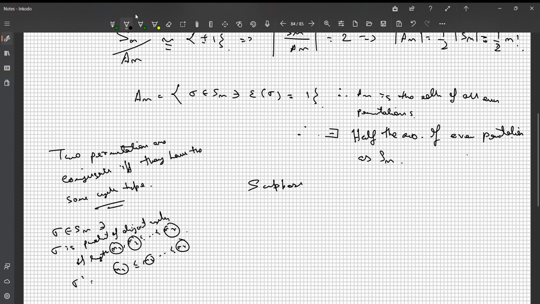Now, let us come to something more. Suppose sigma is in Sn, so that sigma is written as tau 1, tau 2 till tau k, where each tau i is a transposition.